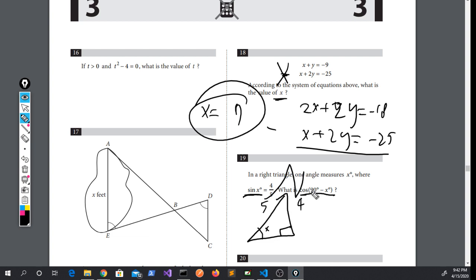Now think about the angle that's 90 minus x. I don't remember if it's supplementary or complementary. Doesn't matter. It's this one, right? The angles of a triangle add to 180, so 180 minus 90 minus x is this angle, which is 90 minus x. So the cosine of this angle, draw a C, is 4 over 5, which is the same thing.